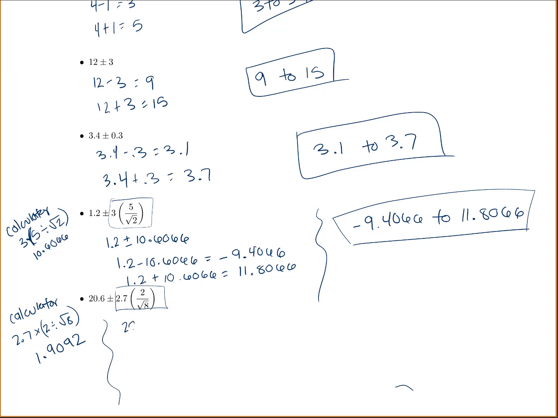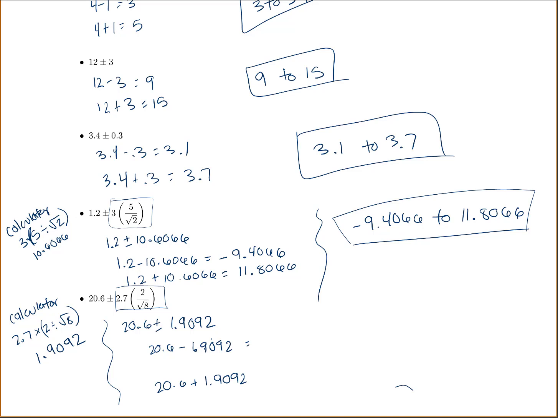So now we have 20.6 plus or minus 1.9092. We can split this out. We can do 20.6 minus 1.9092, and we can do 20.6 plus 1.9092.